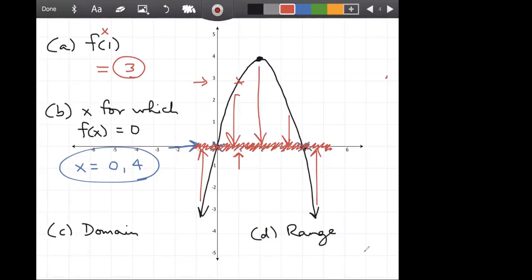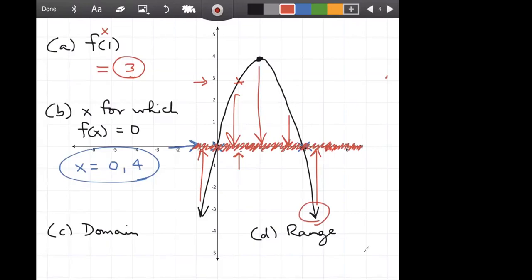Well, the key to that is to look at the graph and see, does it go forever to the left and does it go forever to the right? If it does, and this one does, right? So this arrow here means it's going forever down and to the right. So that means as long as you go out far enough or go down far enough, you will eventually find a point that corresponds with any value of x you want in that direction.